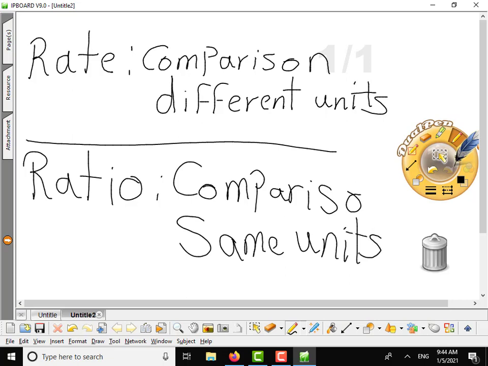So we must differentiate between rate and ratio because they are completely different. The rate is a comparison between two quantities of different units, but the ratio is a comparison between two quantities of the same units.